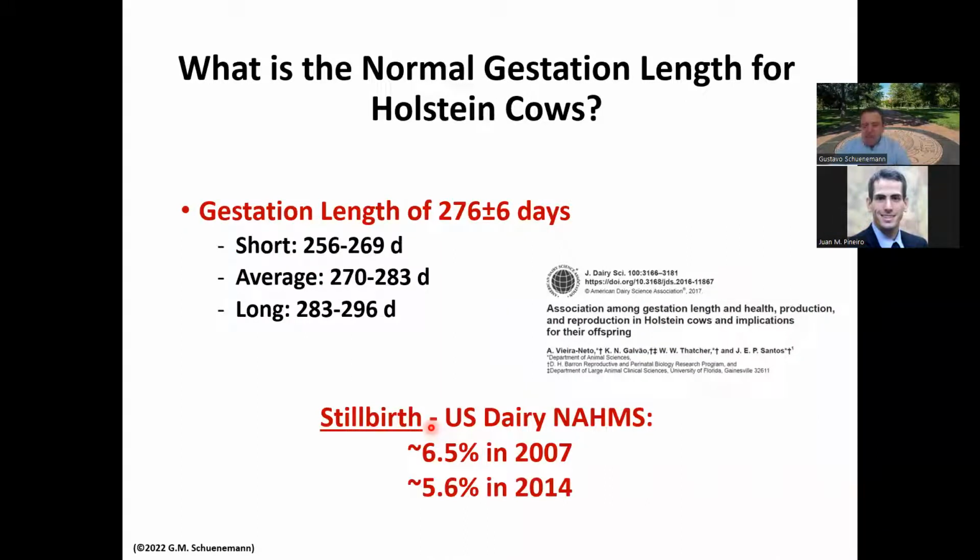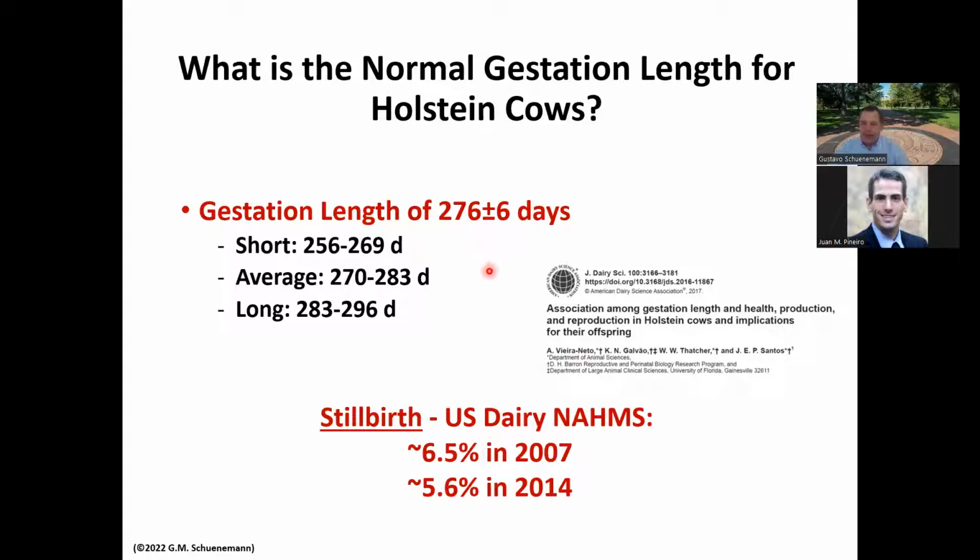There have been some studies on gestation length, from the genetic point of view but also from the phenotype, how cows perform according to gestation length. The most important, as I mentioned in the previous slide, is that for Holstein cows it's 279 days.